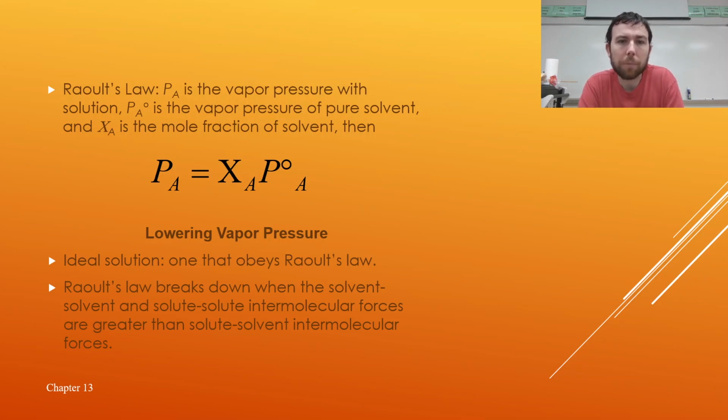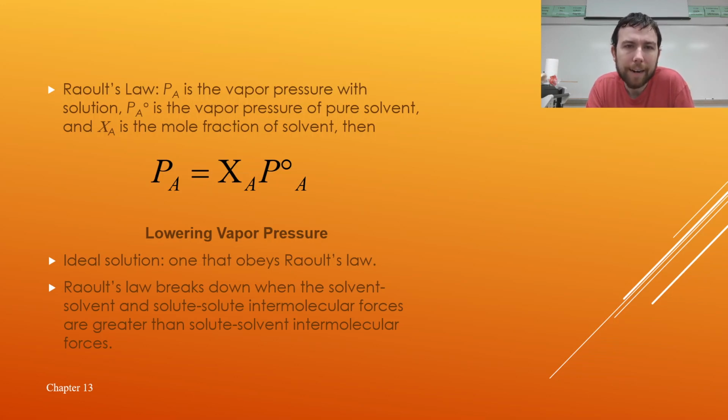So for Raoult's law to be true, the new intermolecular forces formed in your solution have to be stronger than what you had previously, right? And then we would say that we're dealing with an ideal solution there. All right, so that deals with vapor pressure lowering.